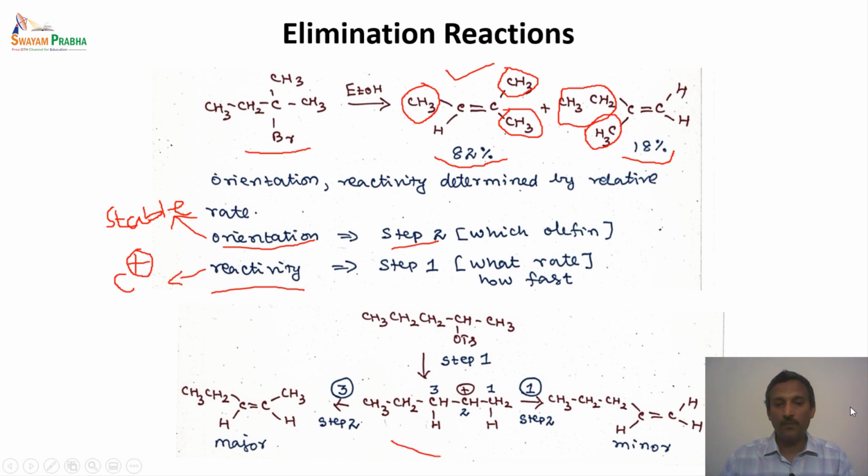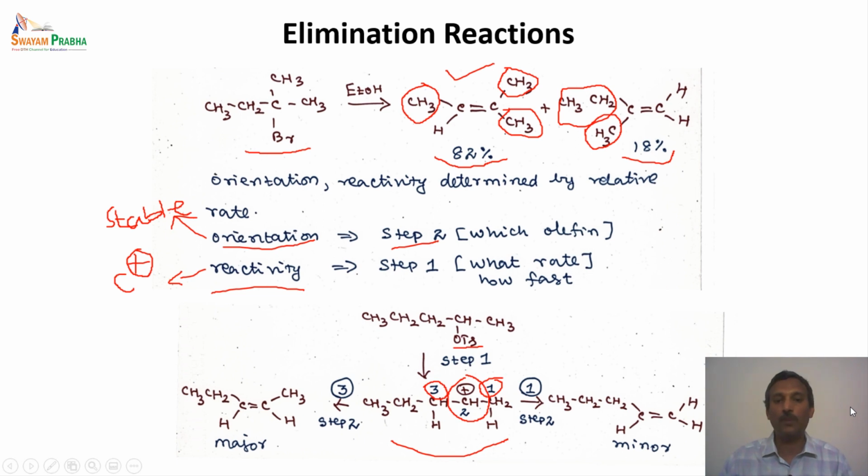And we have a substrate, the carbocation. Here you see the carbocation is on the central carbon, and we have carbon number 1 and carbon number 3. This is actually formed from OTs. Of course, bromine can be converted to OTs. OTs is a much better leaving group compared to halides.